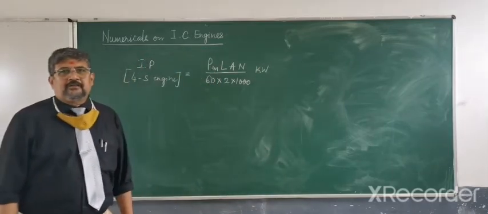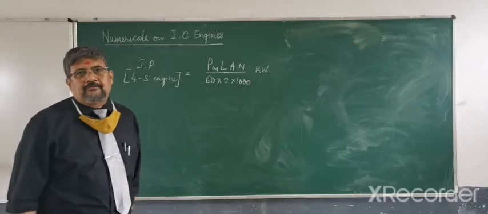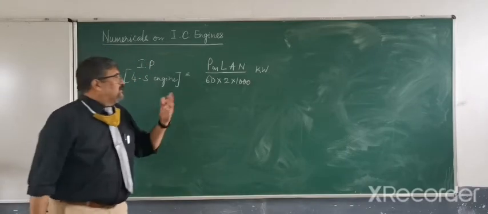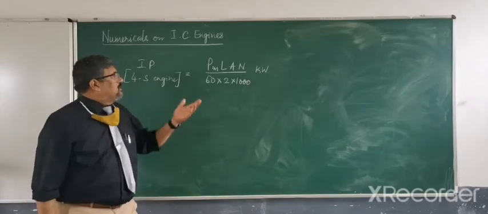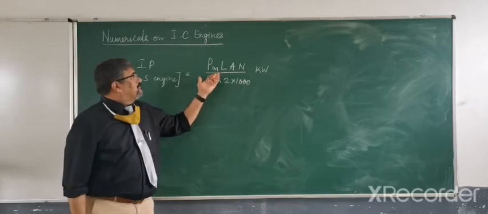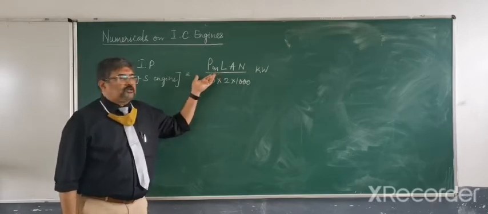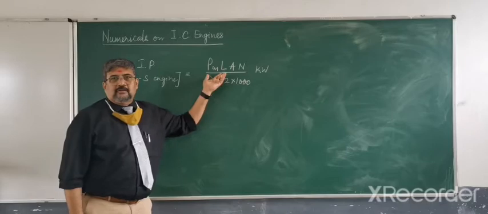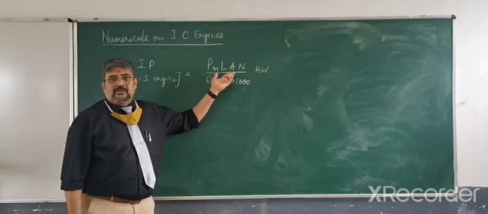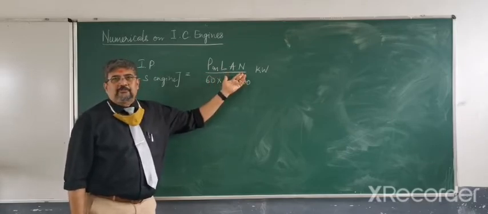This will be the equation, and we know the regular nomenclature, where Pm stands for the mean effective pressure in Newton per meter square, L is the stroke length in meters, A is the cross-sectional area, and N is the engine speed.